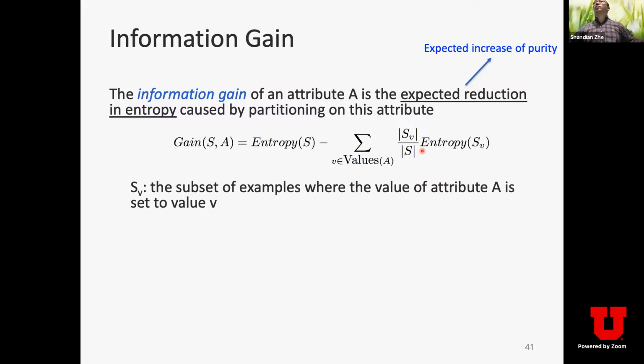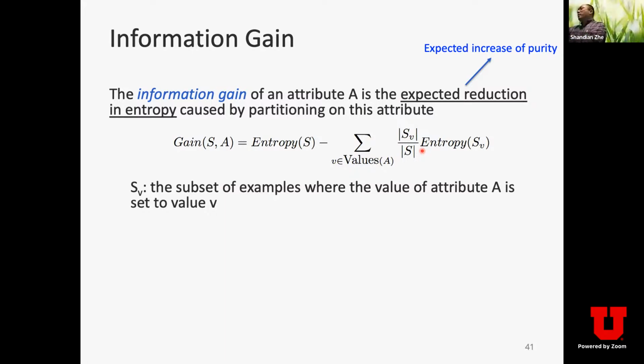We would rather have the 100 examples be much more purely labeled, and the 10 examples relatively less pure. Why? Because to further split that 100-example subset, you have to create more branches and nodes, and our overall goal is still to make the tree as small as possible.